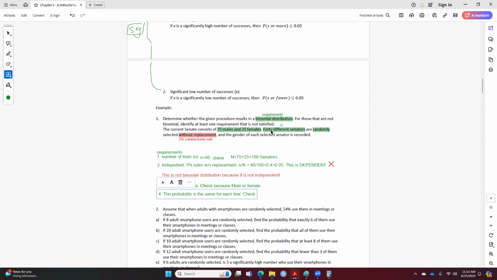It's a 50-50 chance. But David, if you look at the current Senate, there's more male than female, right? But why is it still 50-50? Because the chance of a gender being picked is still 50-50, no matter how much or how little the female or male are.